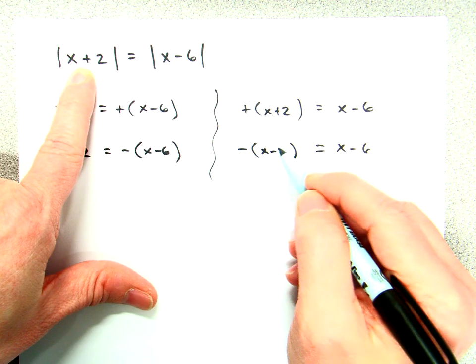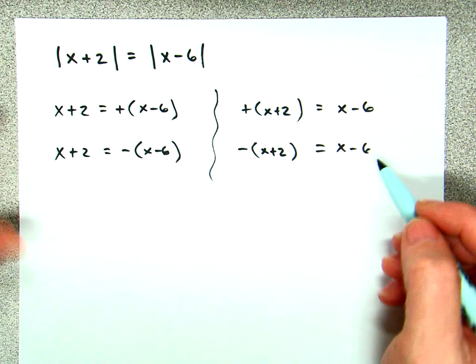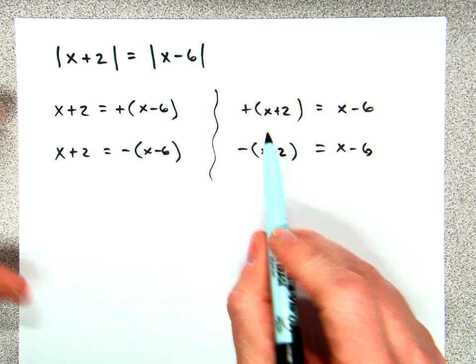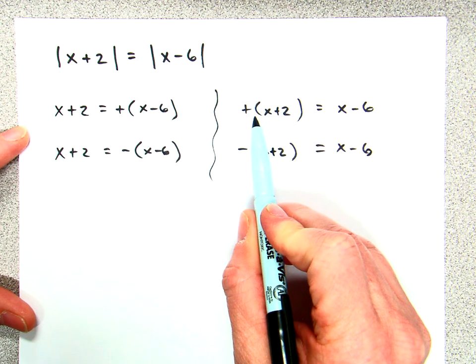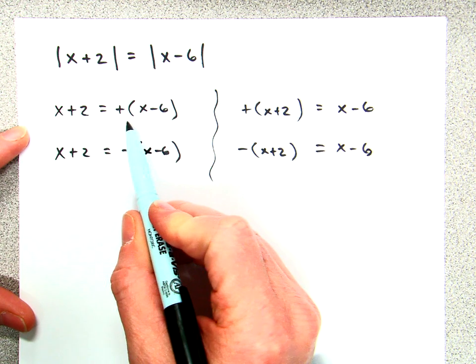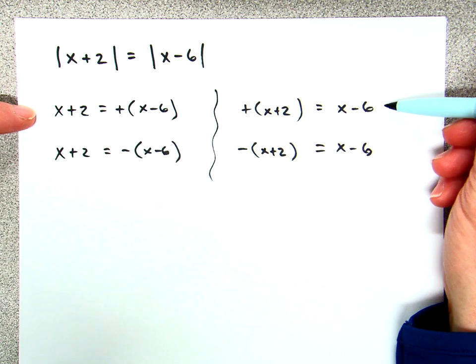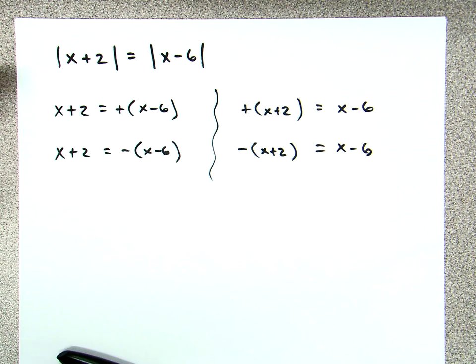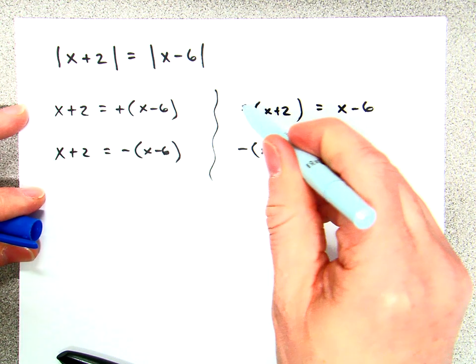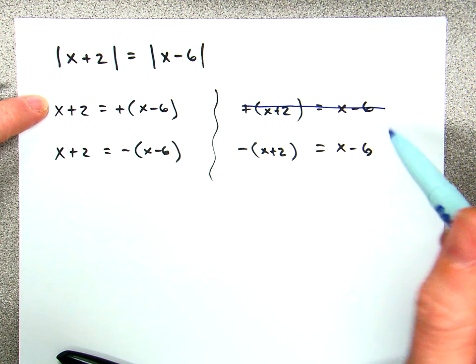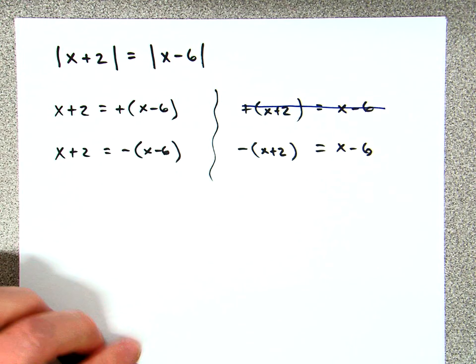You see what I mean? But let's look at this. This plus is not necessary. Same thing with this plus is not necessary. So these two are actually the same equation. So I don't need to solve them both because they're the same. If I solve this one, I'll get the same answer as this guy.